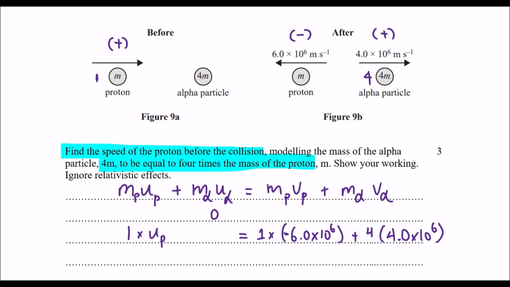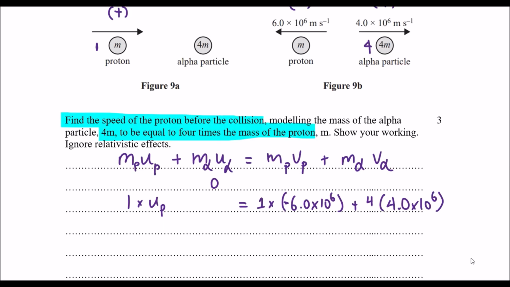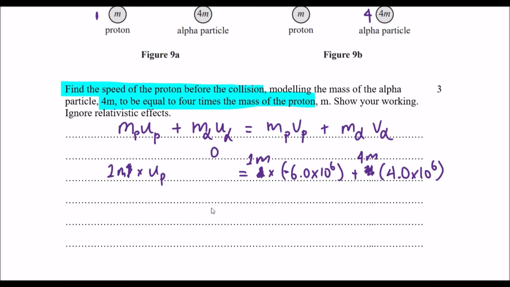Another inclusion we can write in this formula, technically speaking, is we can equate the masses as 1m and 4m, so you could write it like that. It doesn't really affect the overall calculations at the end of the day, but it'll make sense later on because we're talking about the ratios here.